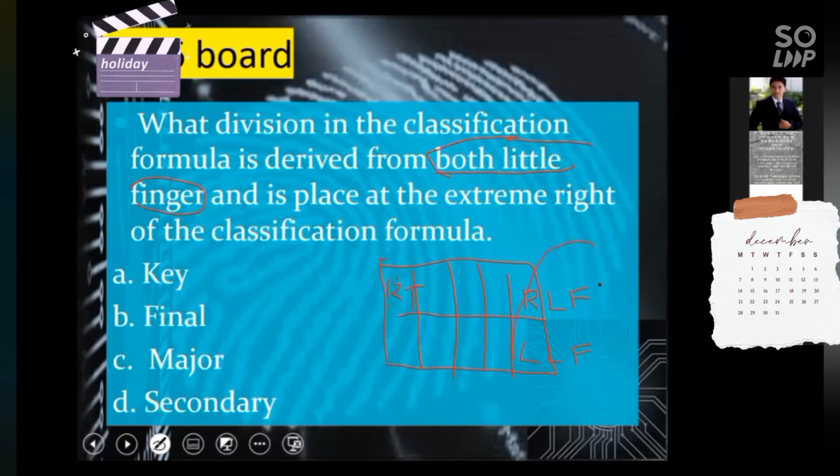So these both are under the final classification, because the key is for the first loop. The final is for both little fingers.